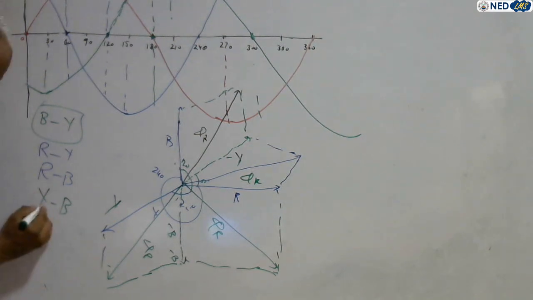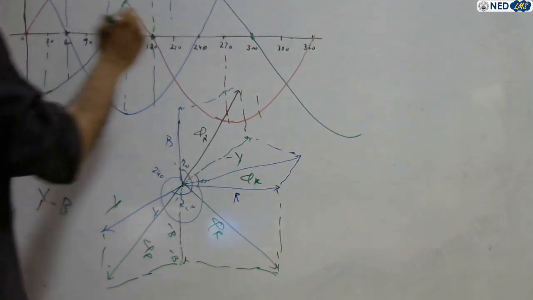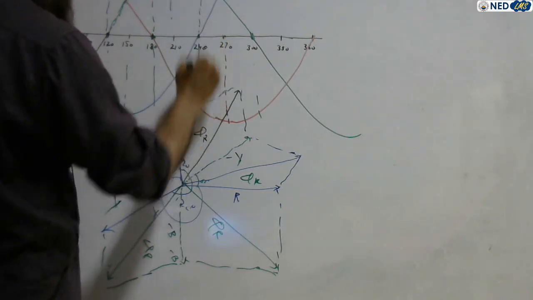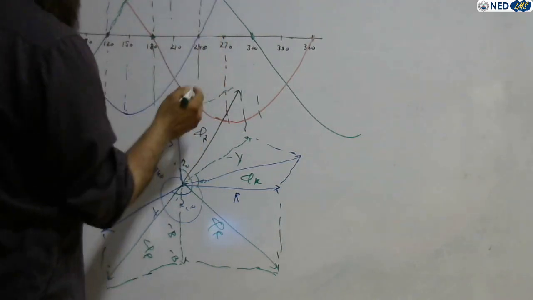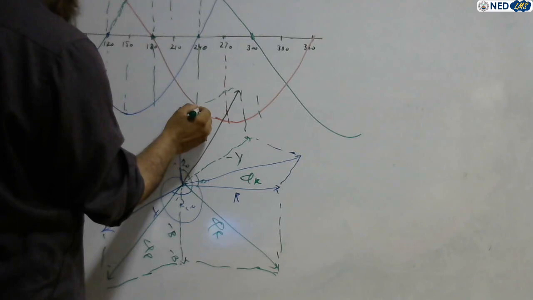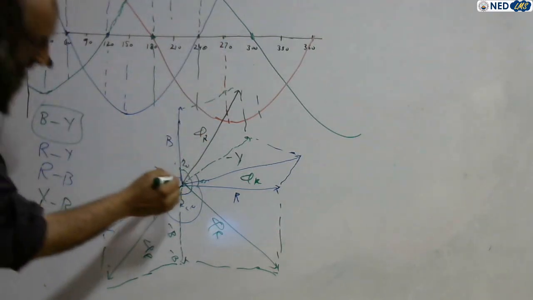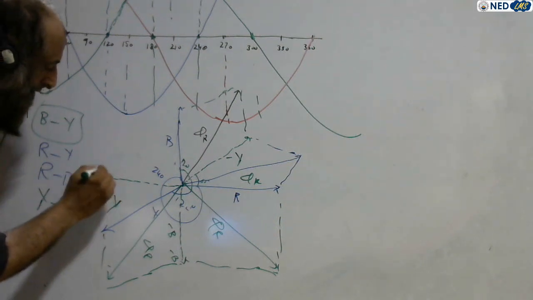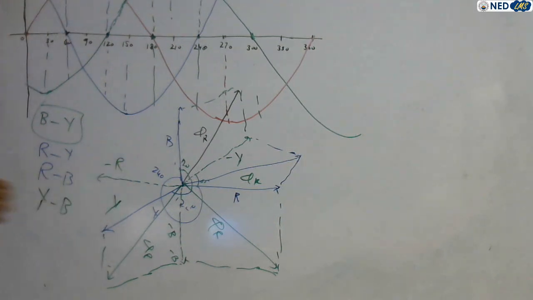So now comes this point, 240 degrees. See, positive yellow and negative red. Now you have to draw the negative red vector, exactly opposite to red, right?